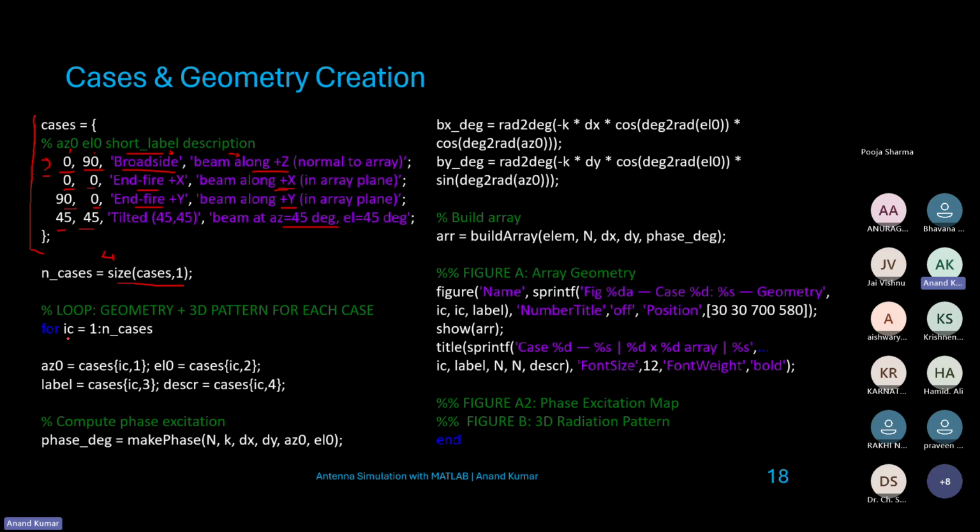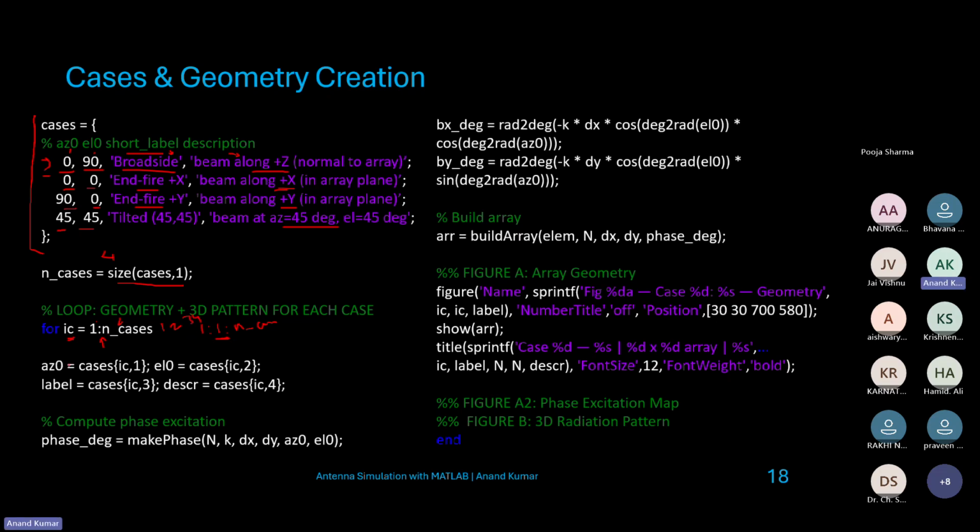IC is the variable which is running the loop. It will start from 1 to 4, and if we don't specify the gap, MATLAB automatically assumes it as 1 colon 1 colon n cases. If this is not specified, it is automatically 1. So this will solve it for IC equal to 1, 2, 3, and 4.